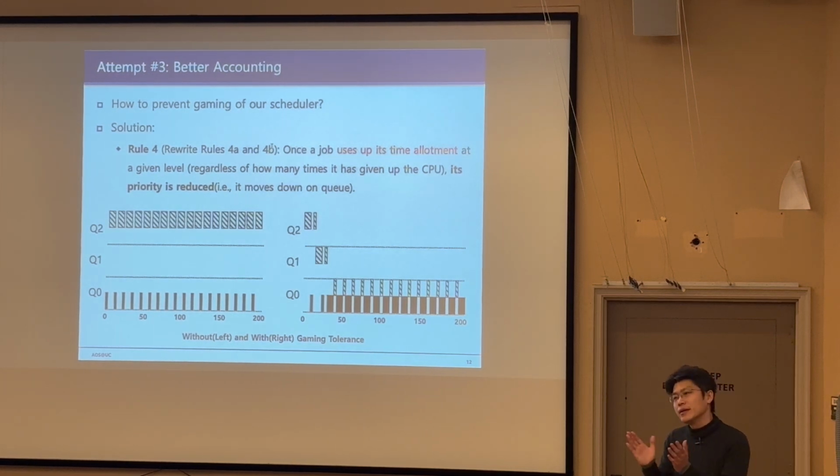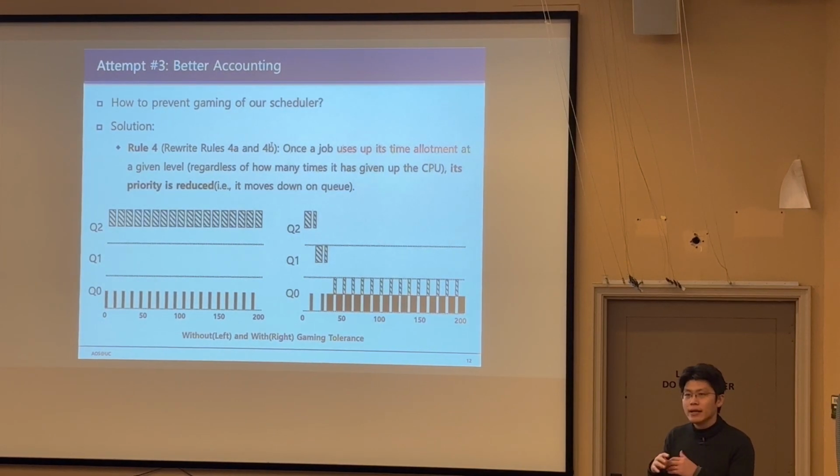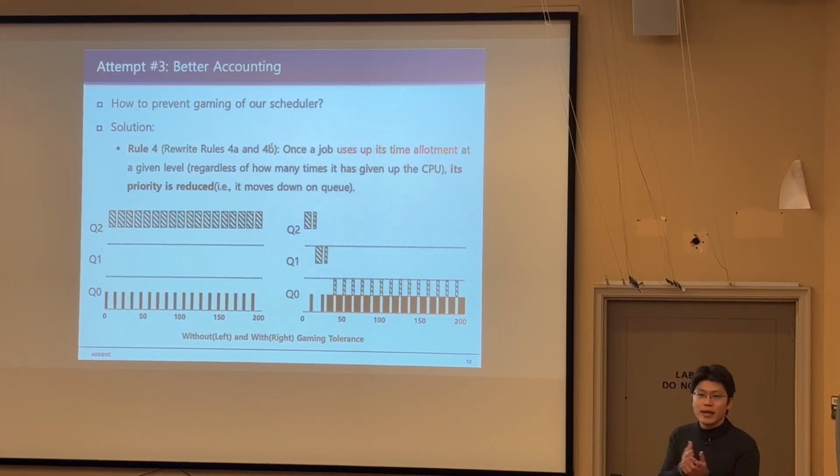So you can imagine, suppose I allocate a total time slice for a process at Q2 to be 200 milliseconds. When this process uses up this 200 milliseconds in a cumulative way, it might give up the CPU after 100 milliseconds, but we remember that it has used 100 milliseconds.